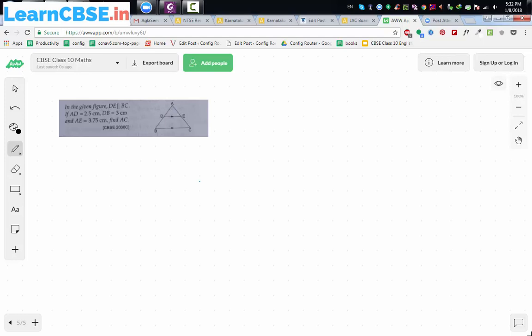First of all, using the Thales theorem, I can write that in triangle ABC, DE is parallel to BC. This is very important to write, because based on this parallel condition we can write the Thales theorem or the BPT theorem.